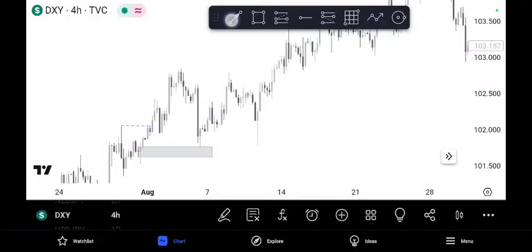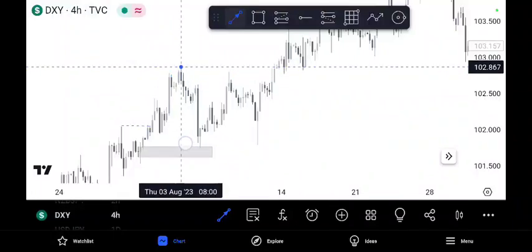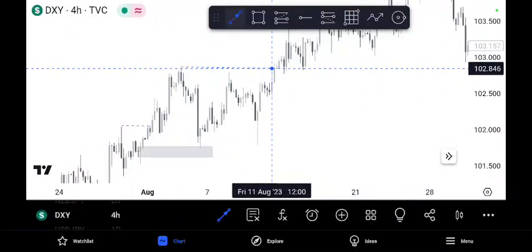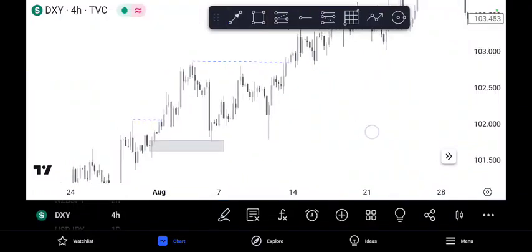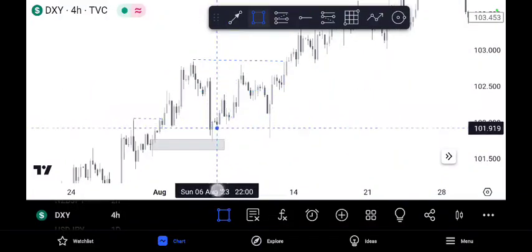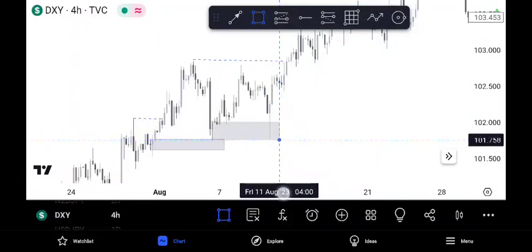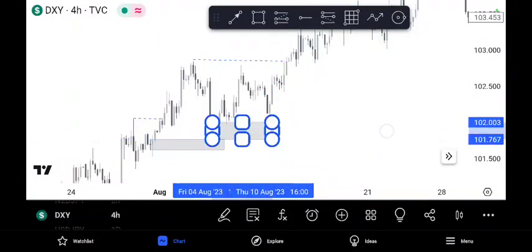All right, I hope you're following. Price broke structure here to the upside, and price bought from here. All the lows are respected.